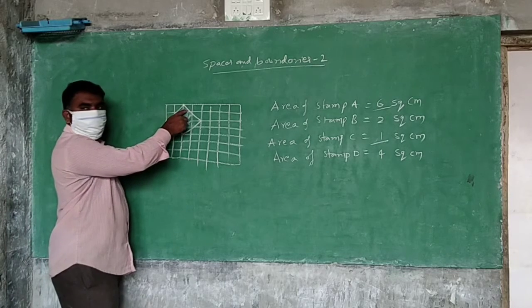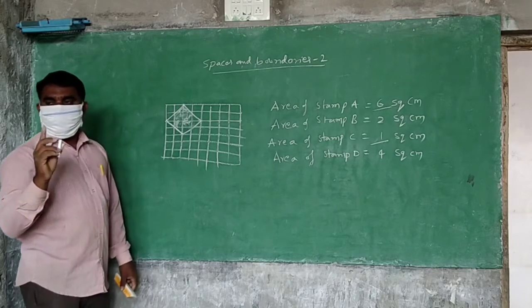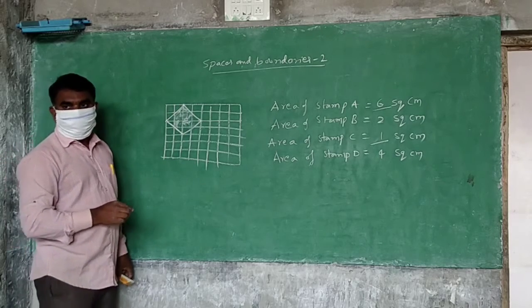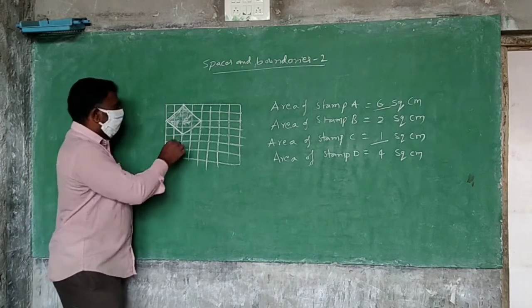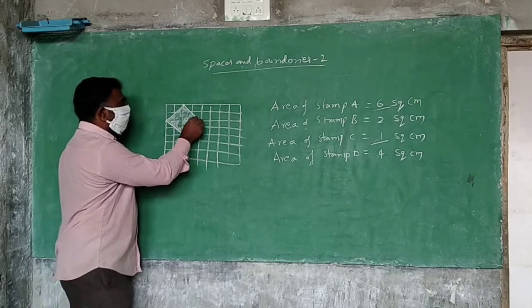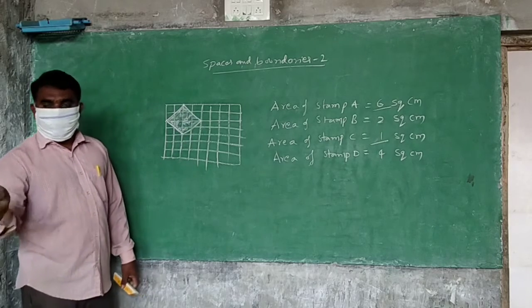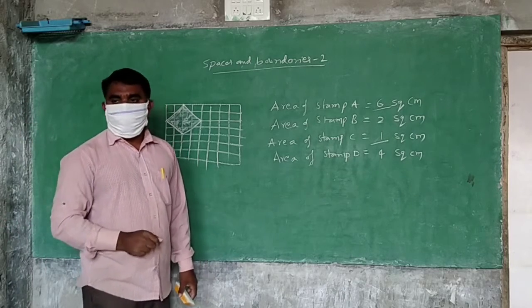This is half, this is half. Then what will you do? 2 halves will become 1. Like that you have to count. Here 2 halves will become 1. 6. Here 2 halves will become 1. 7. Here 2 halves will become 8. When the halves are there, 2 halves will become 1. Like that you have to count.